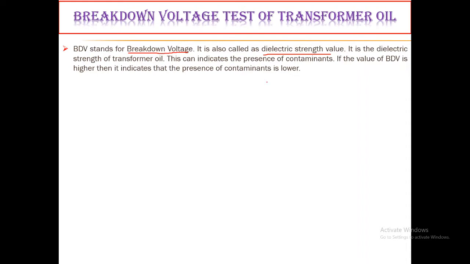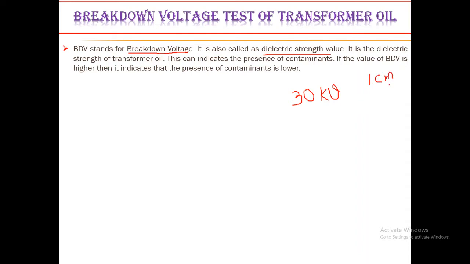So how can we differentiate these two? Suppose you are reading a report, and let me take a simple example of air insulation under standard atmospheric conditions. Suppose a 1 centimeter gap is there.